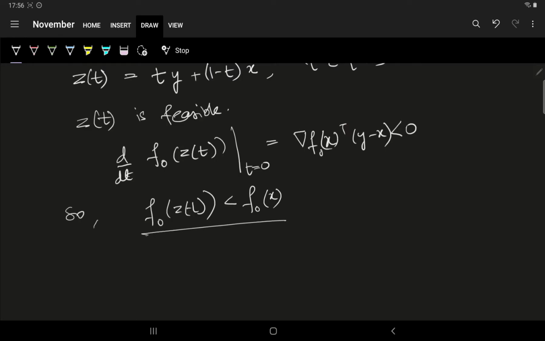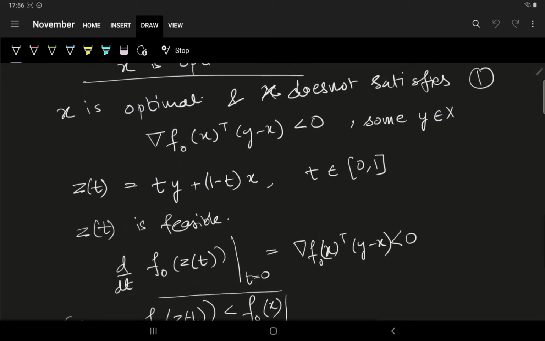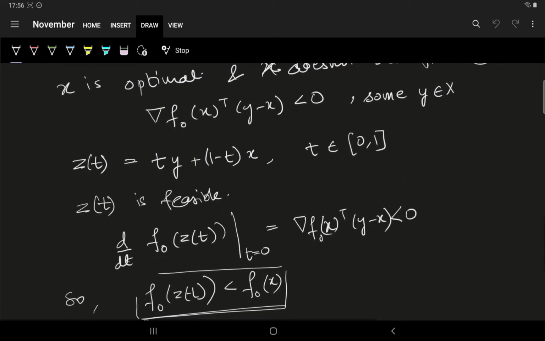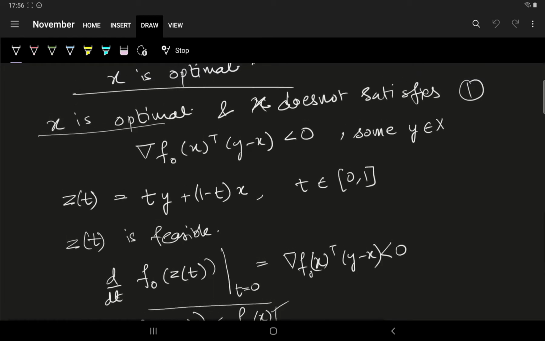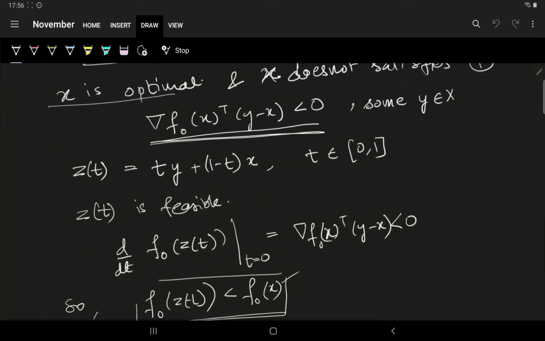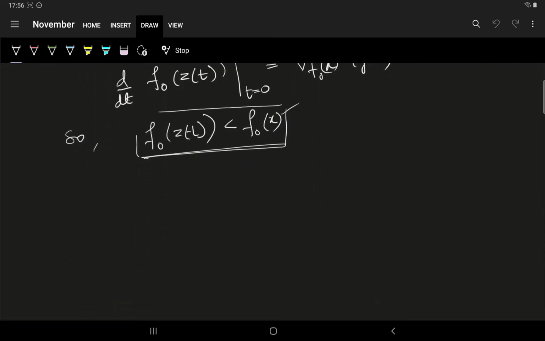So this will say that x is not optimal, because if x is optimal, this condition we could not have arrived at. So this contradicts our assumption. So hence, if x is optimal and x belongs to capital X, then this condition holds.